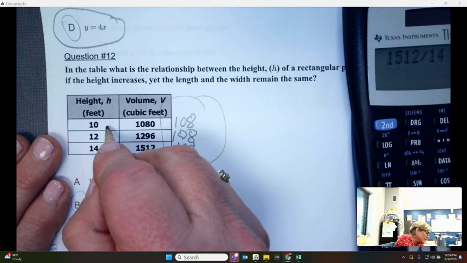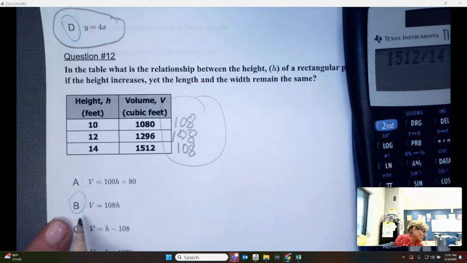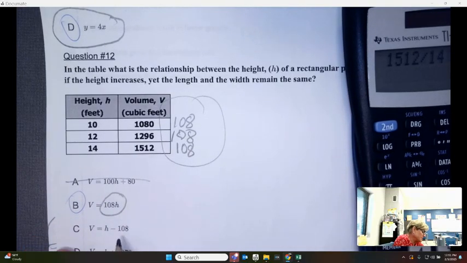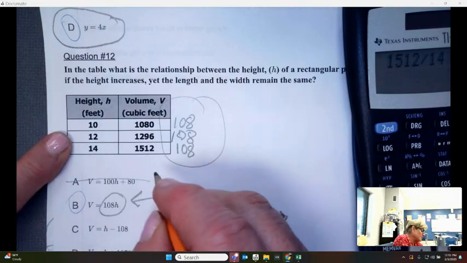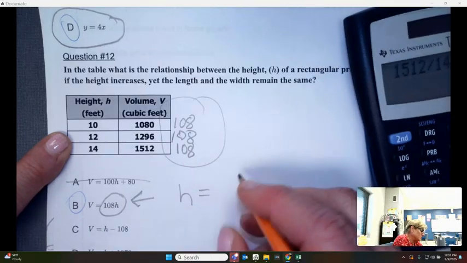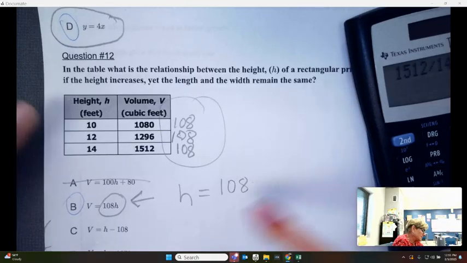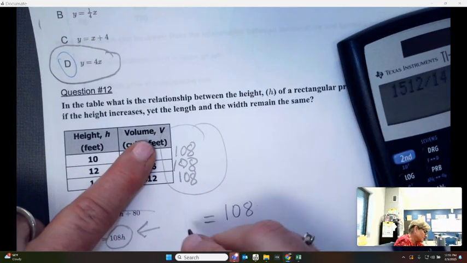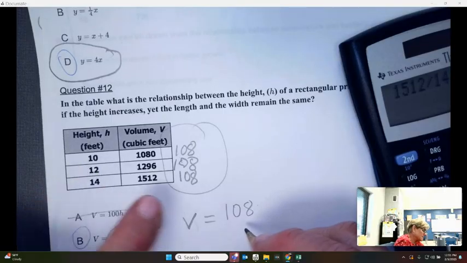So the number of hours times 108 gives you the total volume. So volume equals 108 times the number of hours. It wouldn't be subtracting, wouldn't be adding, so it has to be B. The volume equals the value in height times 108.